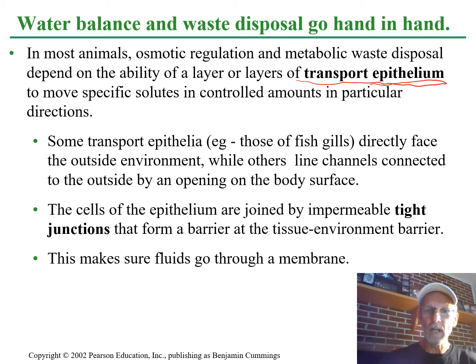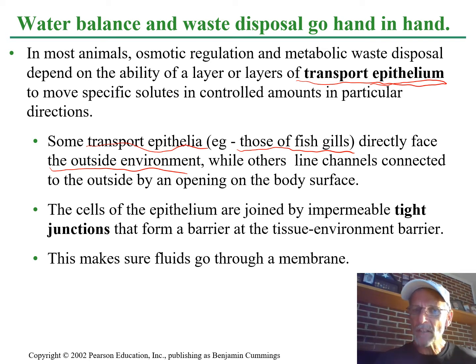So, like it says here, fish's gills have a transport layer of cells, epithelia, that face directly into the outside, like the water they're swimming in, but also have those inner capillaries. And it's that layer of cells and their plasma membranes which are going to perform this regulatory stuff of getting the right things in and the right things out.